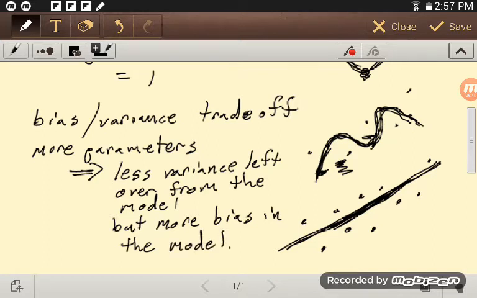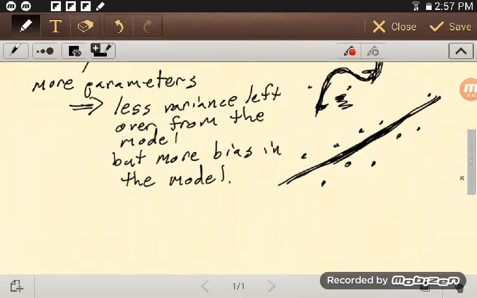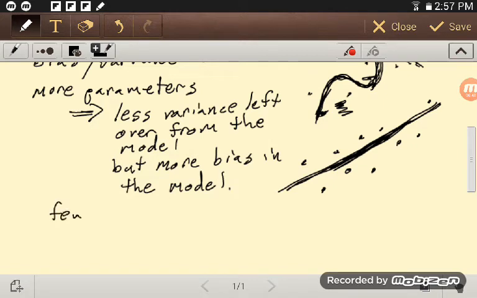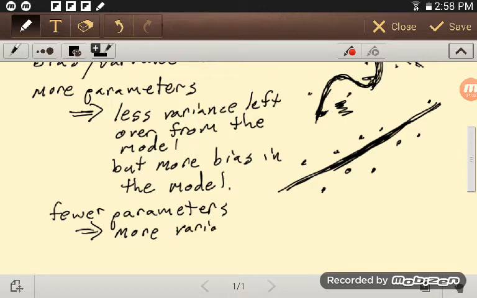And then if I go with fewer parameters, well, then there's going to be more variance left in the test data here.